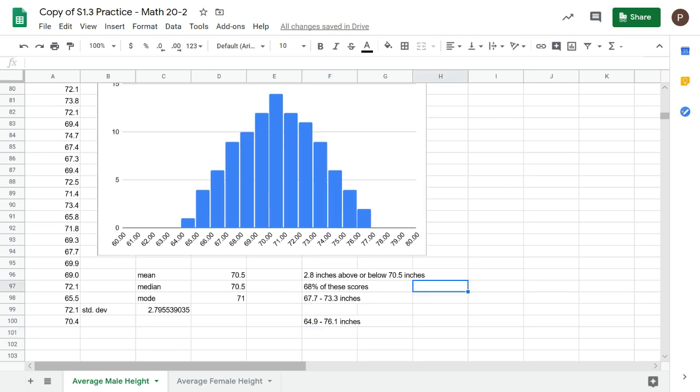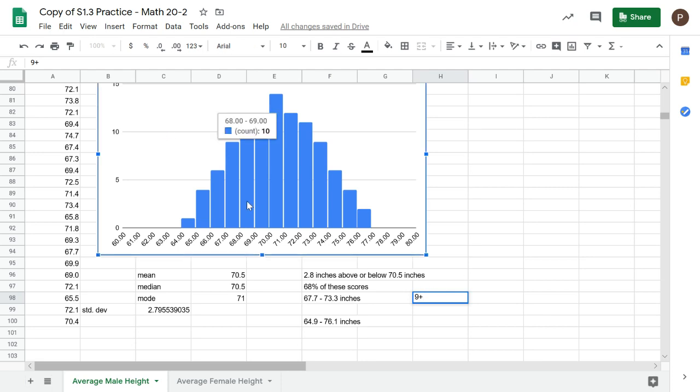If I look at the number of heights between 67.7 and 73.3 inches, let's go between 67 and 68. I have 9 men. The frequency was 9. Between 68 and 69, I had 10.